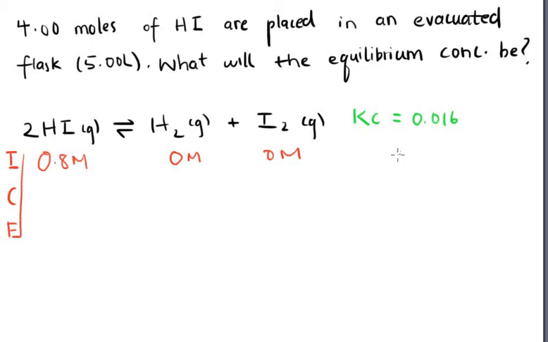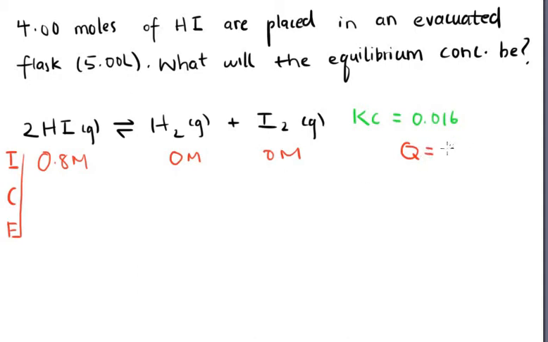Now, a really important starting place for any ice chart is to calculate Q. Q is the reaction quotient, and it tells us whether the reaction is going to go right or left, and we need to know this to make our ice chart truly work. We can do that by just using the initial concentrations. That's what a reaction quotient is.